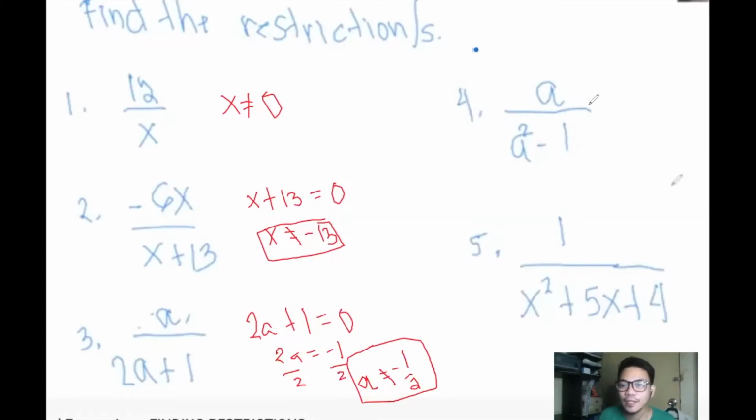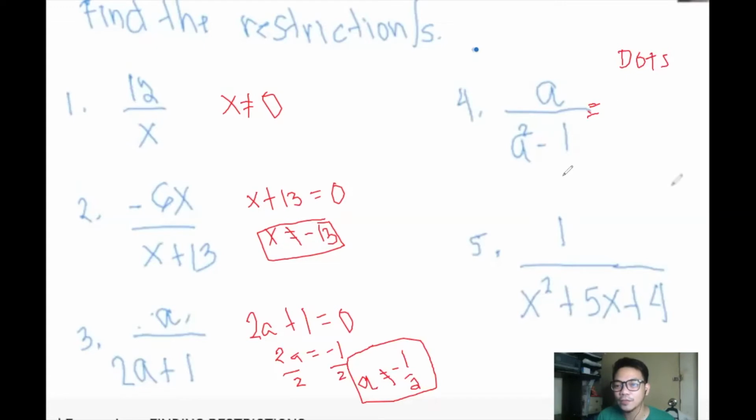The next one requires you to recall factoring also. If you remember, this is what we call in acronym DOTS, the difference of two squares. So that becomes a squared minus 1 equals 0. When we factor that, we have a plus 1 and a minus 1 equal to 0.